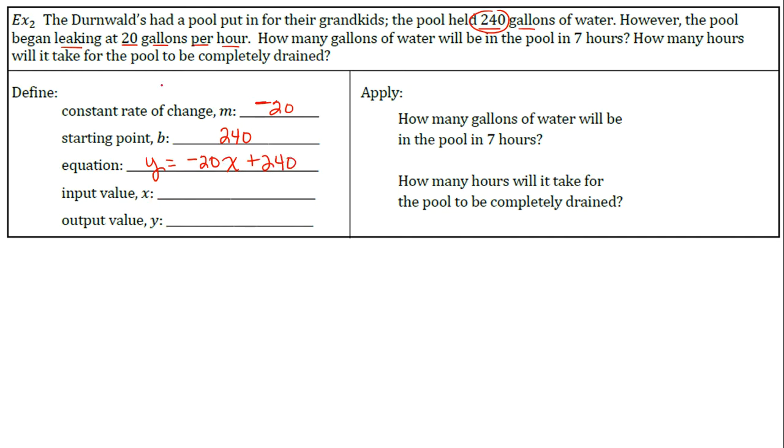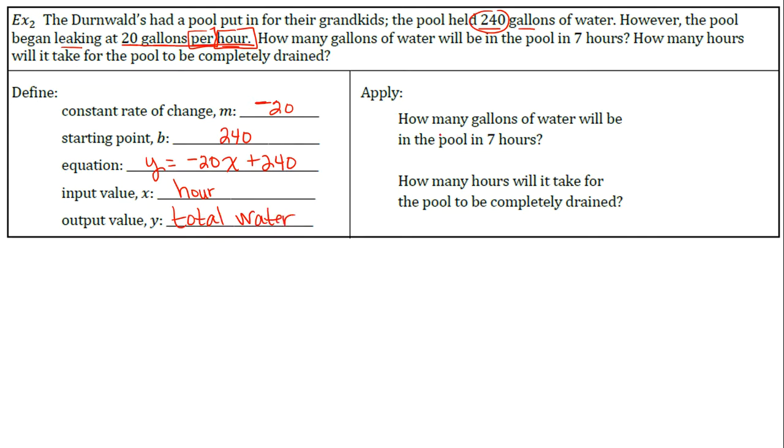My x value comes from the word problem, guys, so it's 20 gallons per, and per or each is always a key word, so 20 gallons per hour. So x is hours. For every hour, the pool is leaking 20 gallons. It's losing 20 gallons of water. And again, your output is usually going to be a total of something. So this is going to be the total amount of water, or gallons of water, that is in the pool.